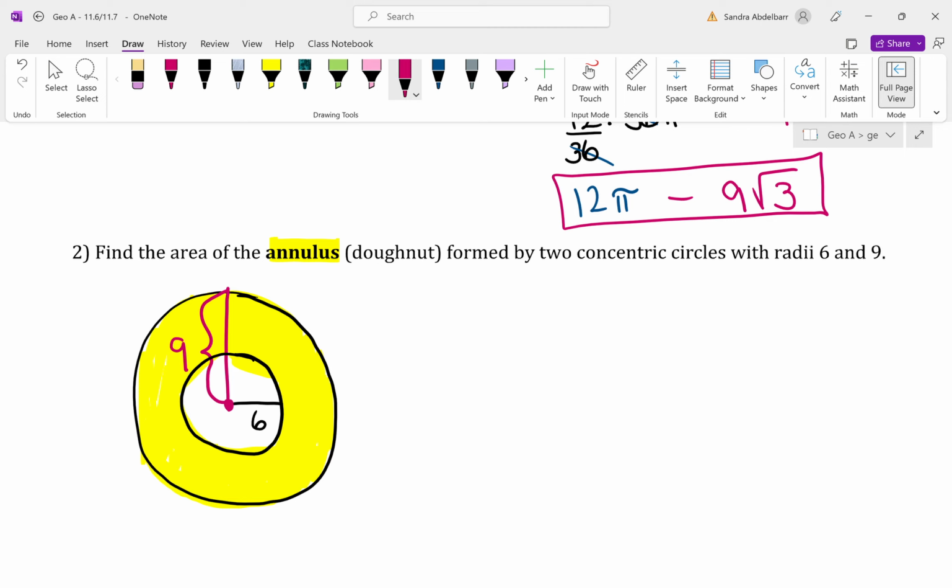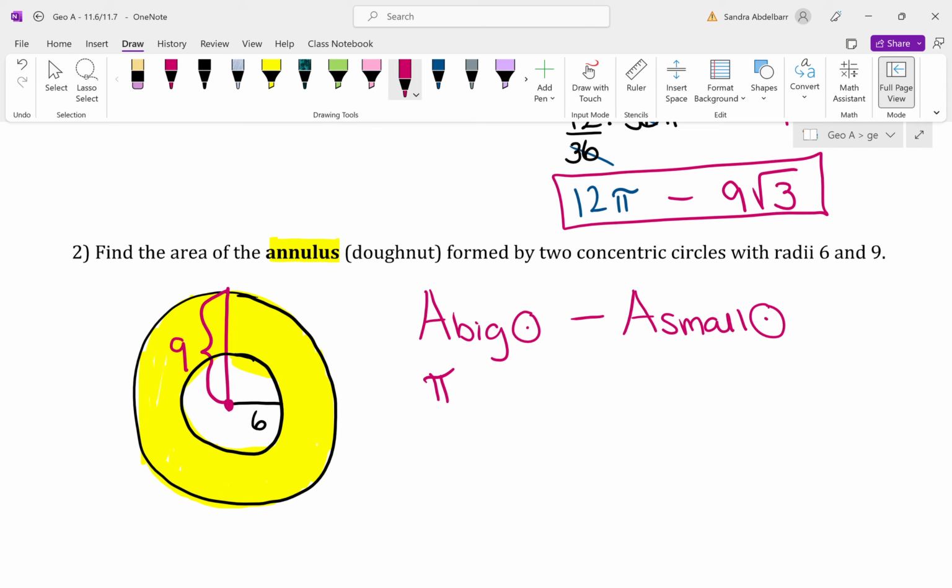Any ideas on how I can just find the area of this yellow shaded region? Any guesses on what we should do? Oscar: Find the area of the big circle and minus it by the small circle. You got it. Area of the big circle minus the area of the small circle.